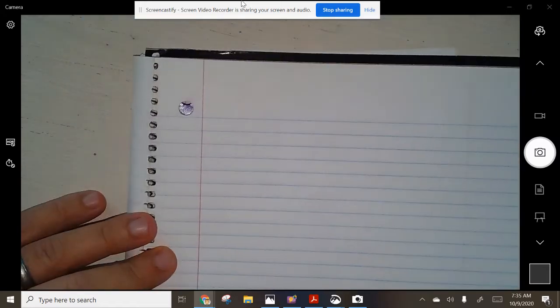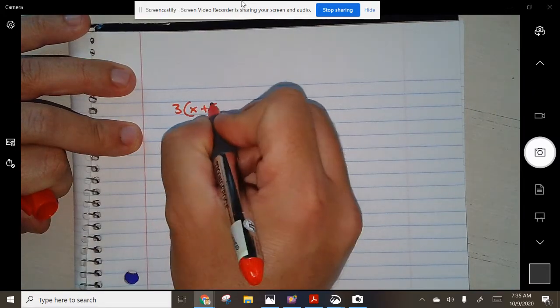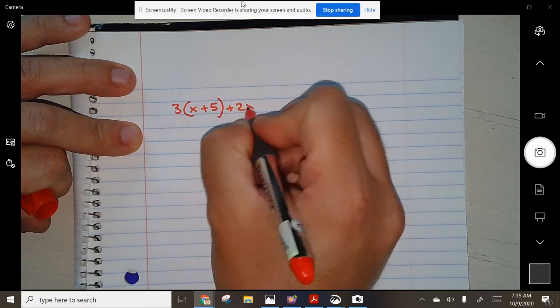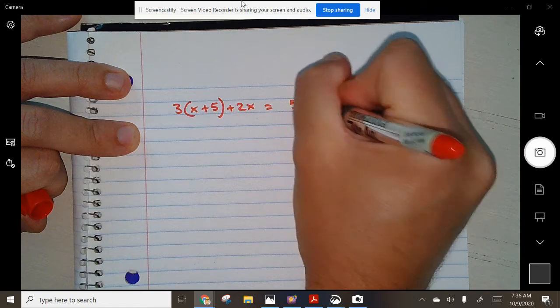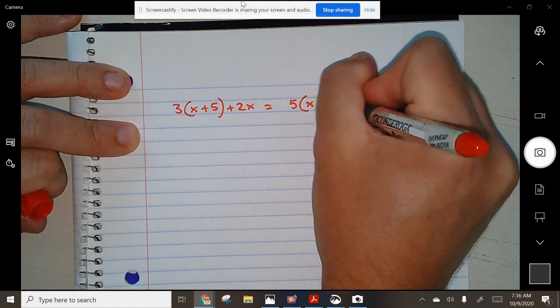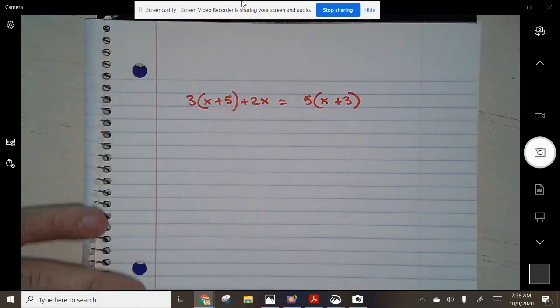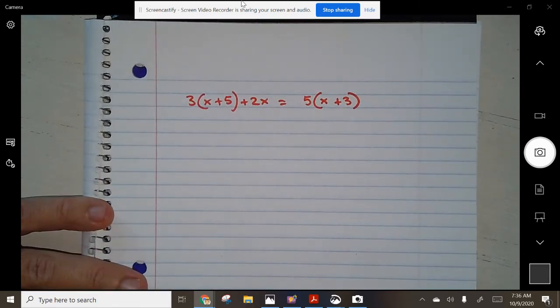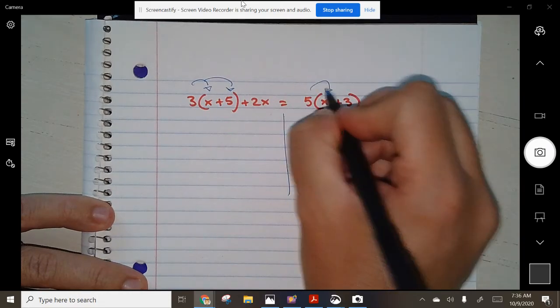So for this one, all right, go ahead and solve this one for me. First step, distribute property.